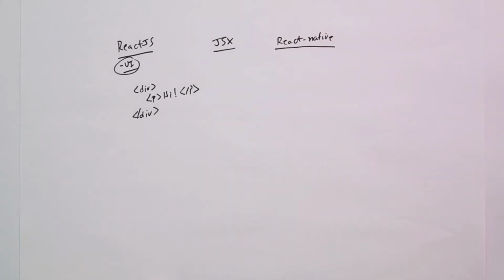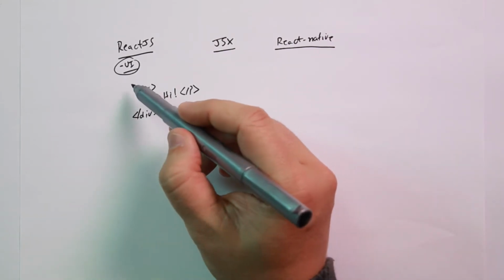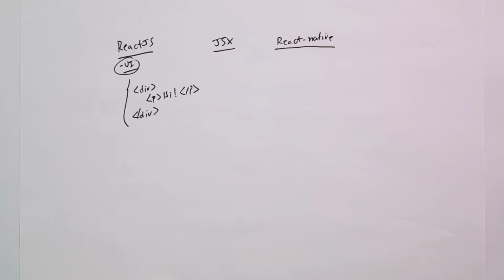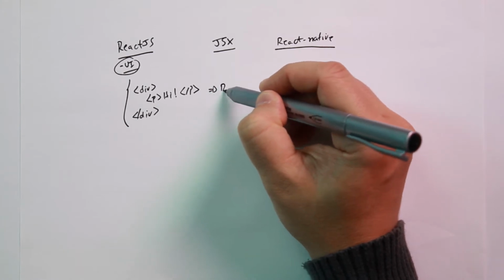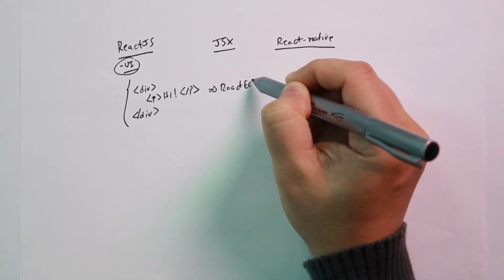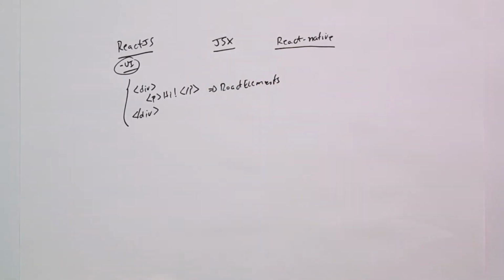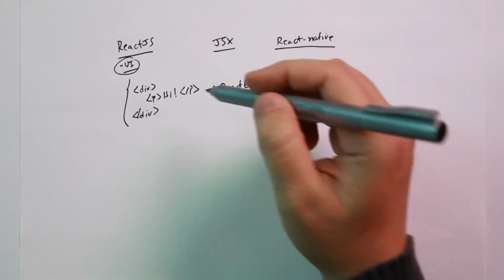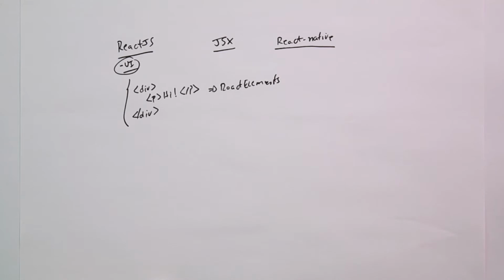It's an extension for JavaScript, where we can write something like this inside a React component, and this structure is converted to React elements. JSX is just syntax sugar for React, so we don't need to create components creating each element.